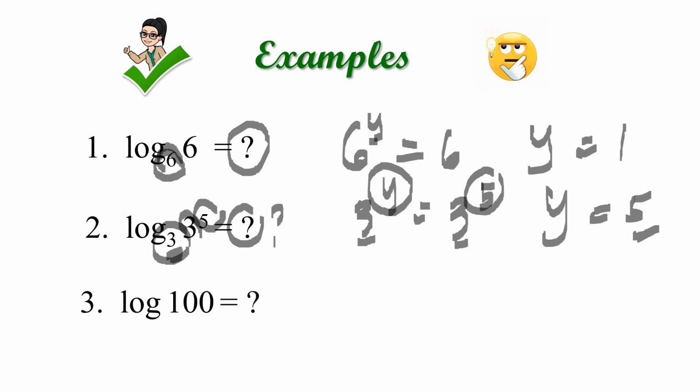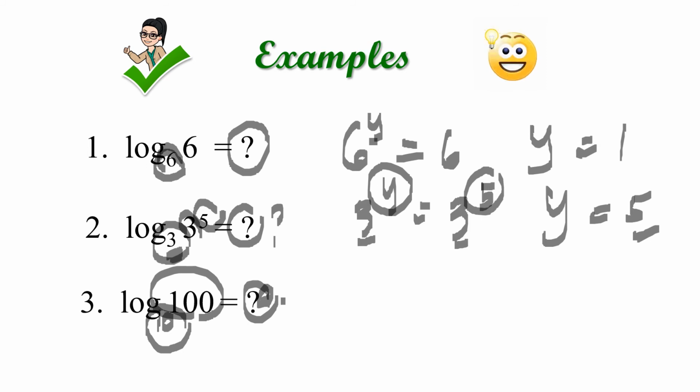And as I told you a while ago, if there is no base, it is understood that the base is 10. So, logarithm of 100 to base 10. What is the exponent here? This is referring to the exponent. What is the exponent of 10 for you to get 100? And the result is 2.